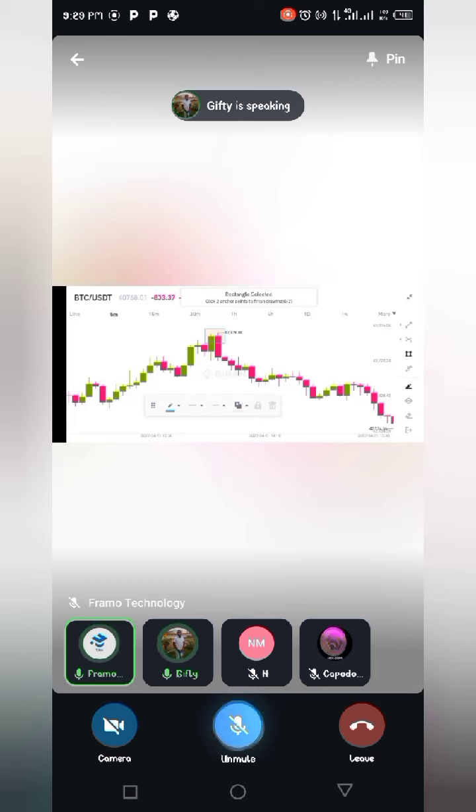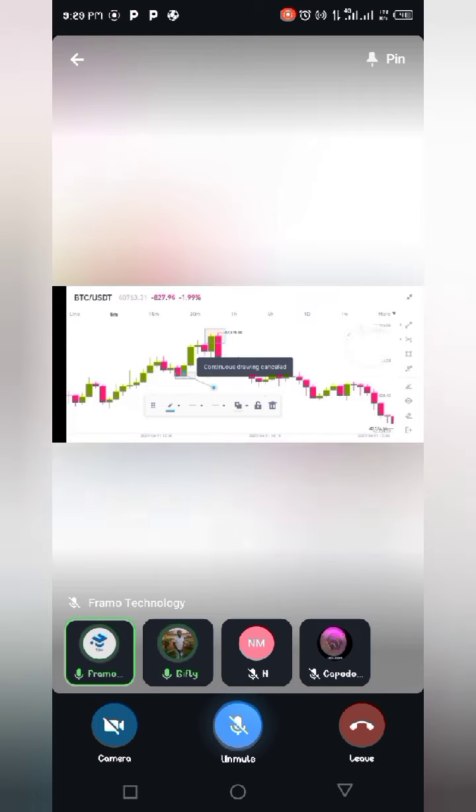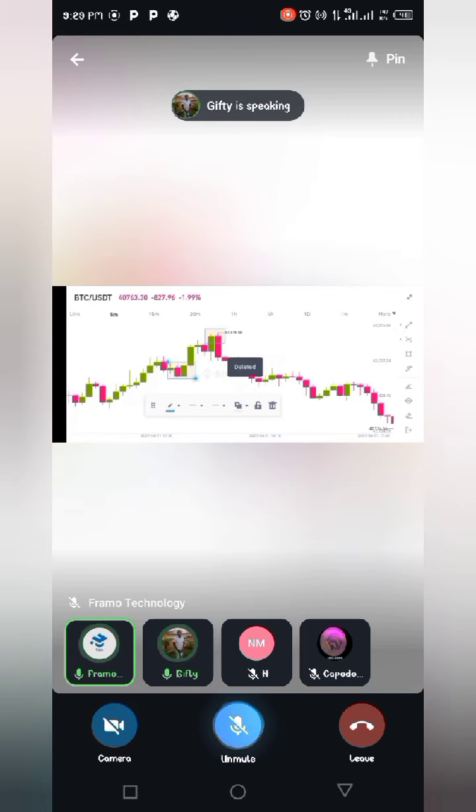Okay. What about this one? What pattern is this one?